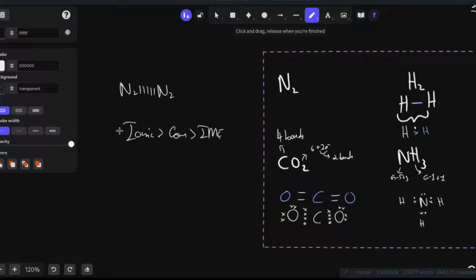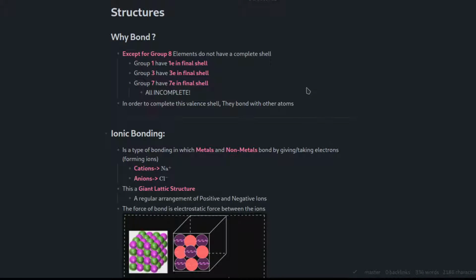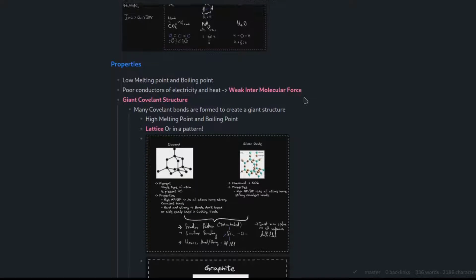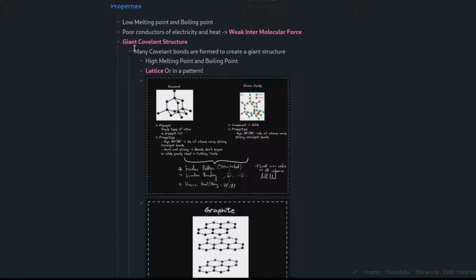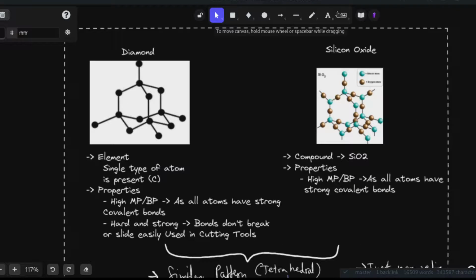All right, so by that logic you can imagine that giant covalent structures are many covalent bonds formed to create a giant structure, so they will have high melting point and boiling point. So we have 2 structures right here looking very well.